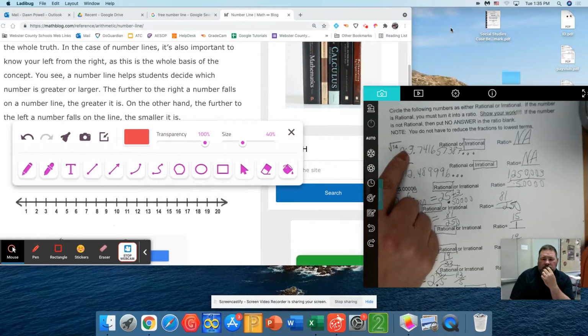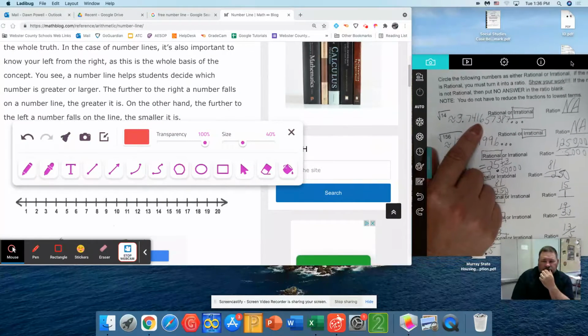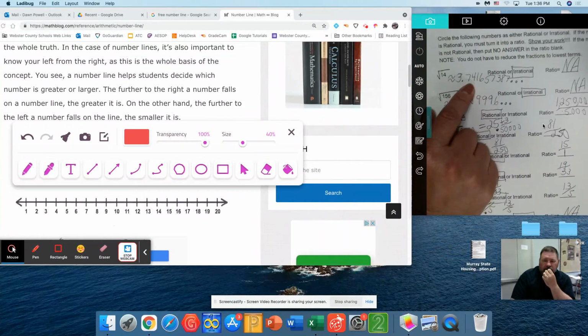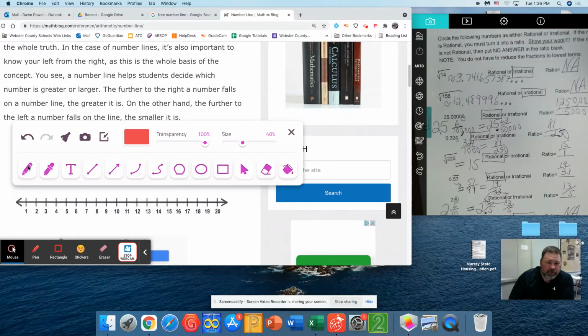So if you were just going to look at the first couple of digits, 3.74, you know that's going to fall in between 3 and 4. Since 3.7 is bigger than 3.5, then I say go over there to your number line and put it closer to the 4. Okay, so we know it's going to be bigger than 3 because it's 3 plus 0.74.